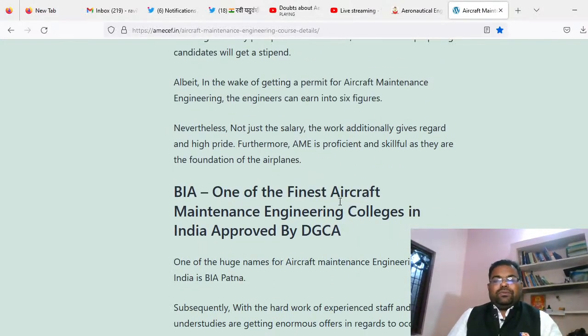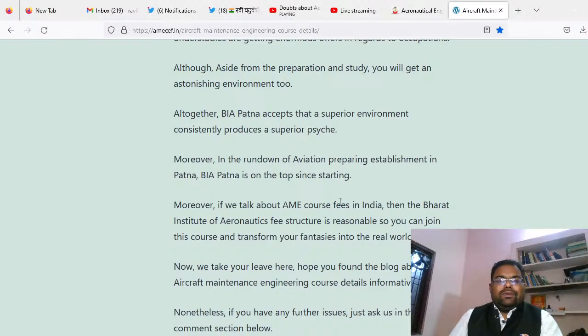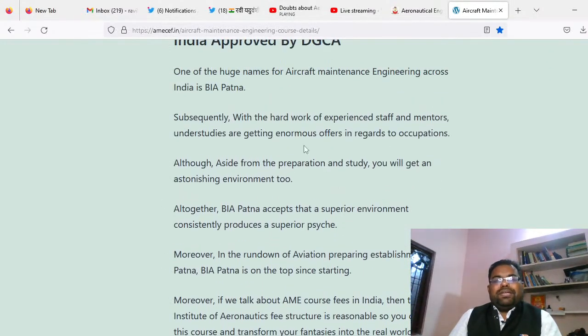Now what are the different colleges? There are colleges which are approved by the DGCA. Every state has its own state-approved colleges, and apart from that there are many private colleges from where you can also do the AME. This is one example given, BIA Patna, but there are many institutions.